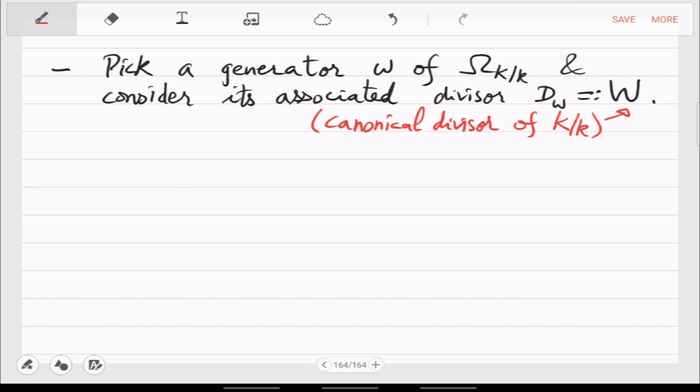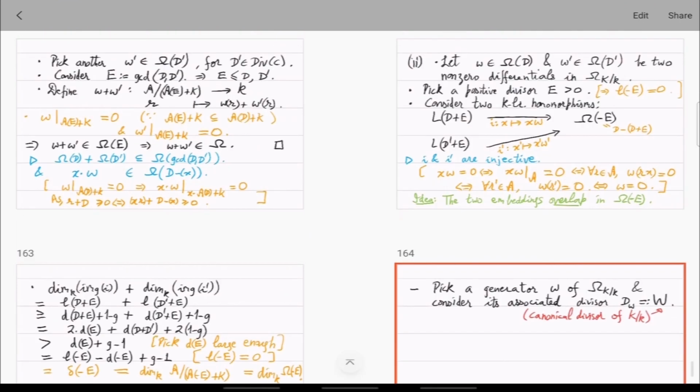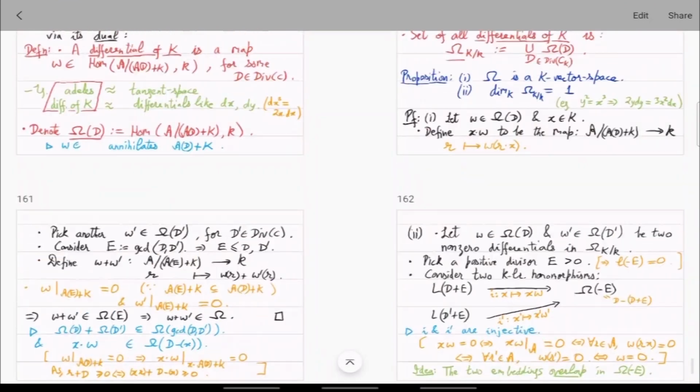I was thinking of the opposite direction. If you can construct A by A(D) plus K, then. No, but that is infinite. A is just an infinite tuple of functions. Functions themselves were infinite. And now this A mod A(D) plus K, you are not just looking at A mod A(D) plus K, right?